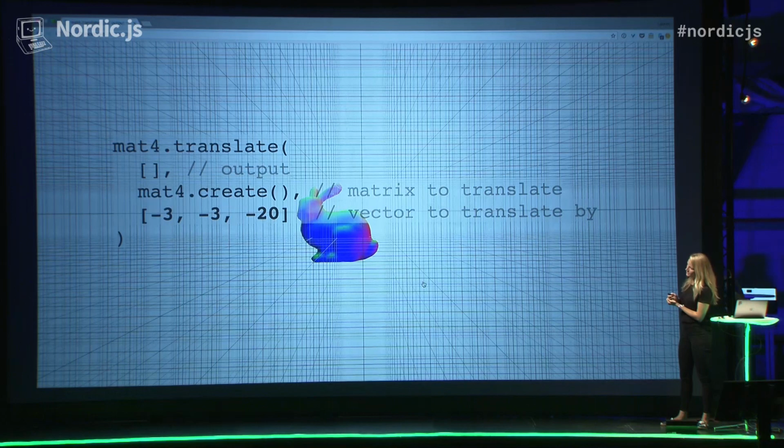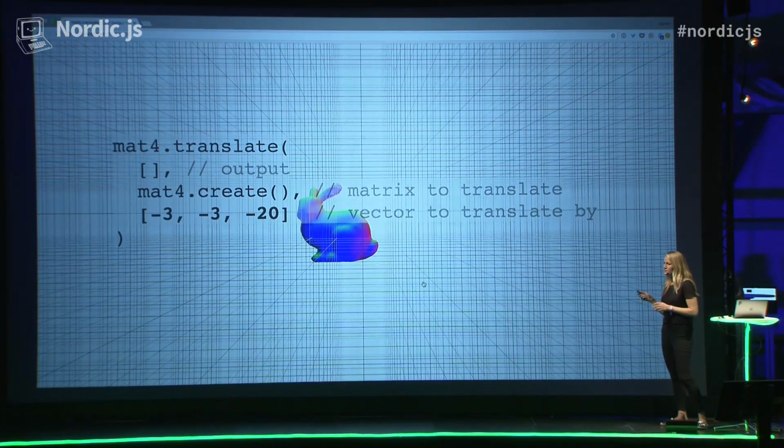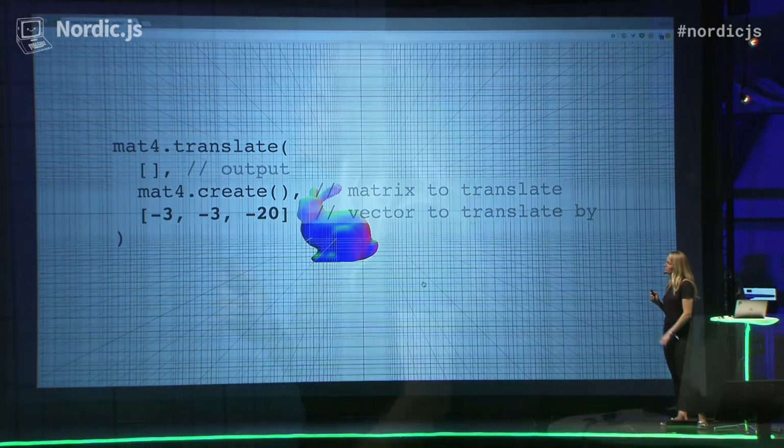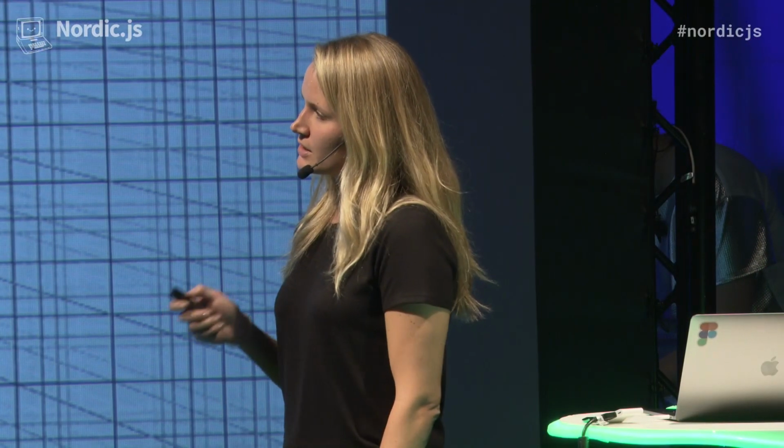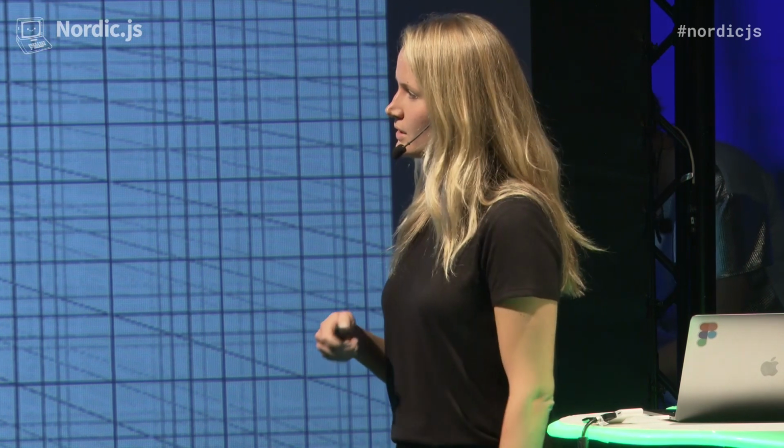The first argument is the output matrix. You can just use an empty array for now. This returns the array in addition to modifying it in place, but it's kind of to make this a little bit more flexible. The second argument is the input matrix. Like I said, we're just starting from the identity matrix in this case, because we're just doing one simple transformation. And then the third argument is the vector to translate by. So here we're moving left 3, down 3, and back by 20.